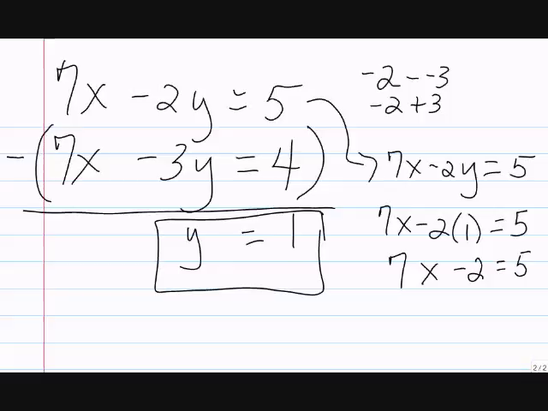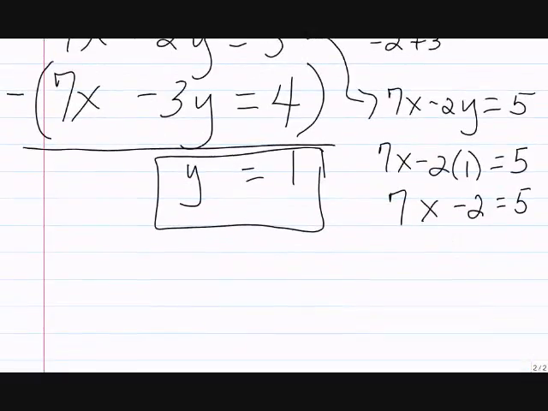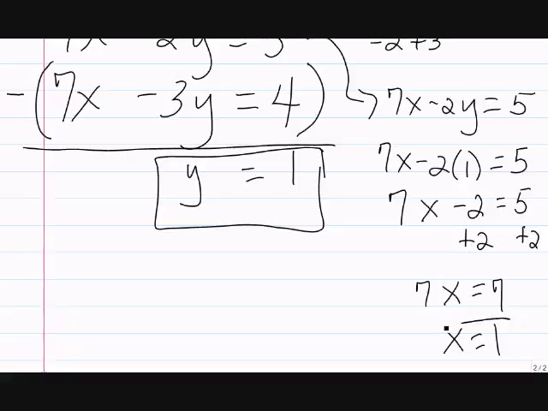Do you know what x is? Not yet. Add 2 to both sides of this equation and get 7x equals 7. What's x? Seven times 1 equals 7. So there is that problem solved.